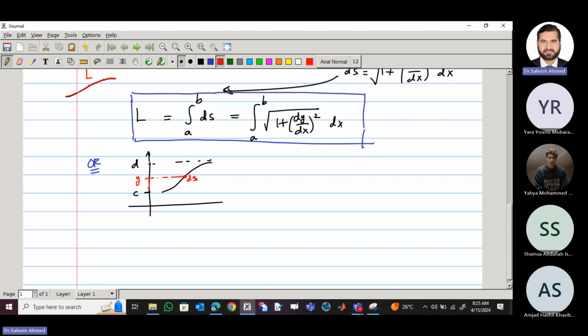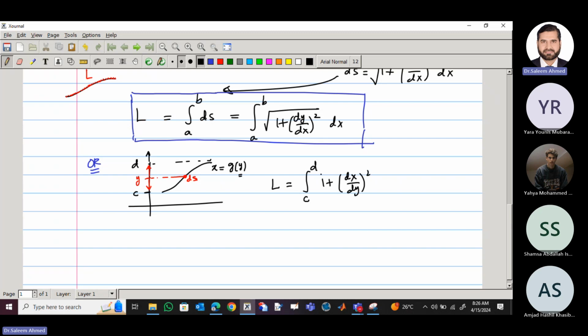And now y will go from this to this. But remember, when y is taken as the independent variable, then we write x is equal to g of y. We don't write y is equal to g of x because y is independent. So in this case, my arc length will become the integral from c to d, and ds will become square root of 1 plus (dx by dy) squared.